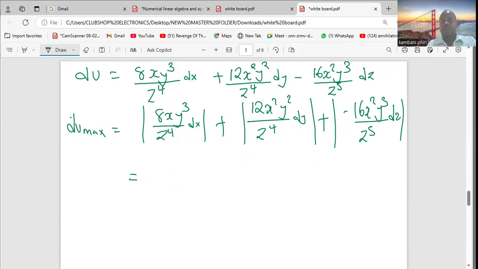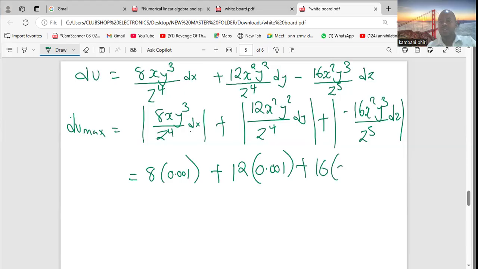To determine that, we are going to pick out the coefficients. So 8, but dx is 0.001, plus 12, dy is 0.001, plus here, because of the absolute value, this becomes positive, 16 times 0.001.